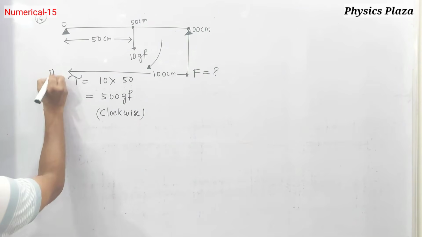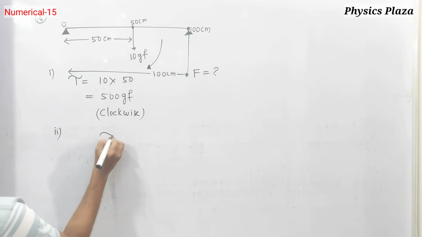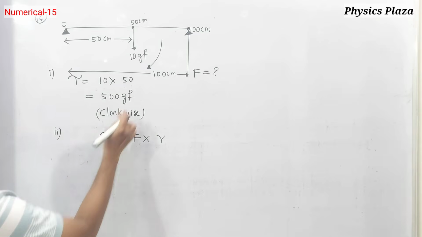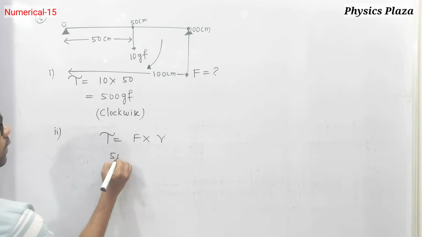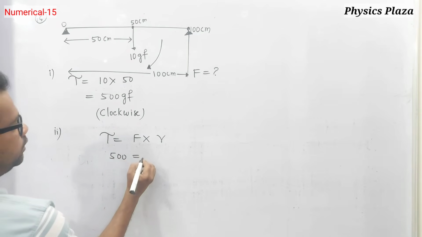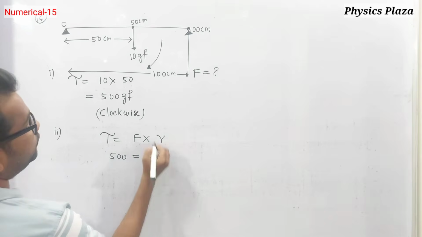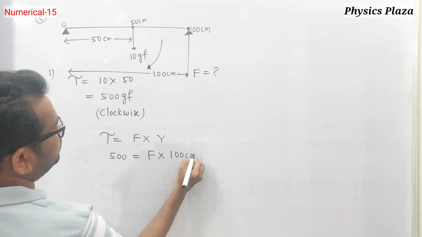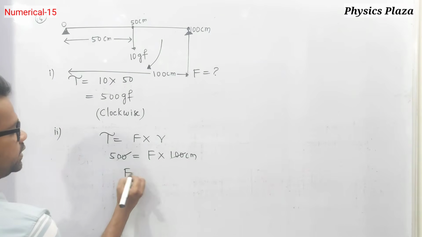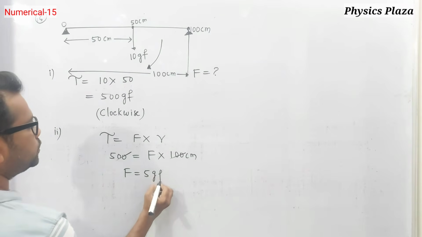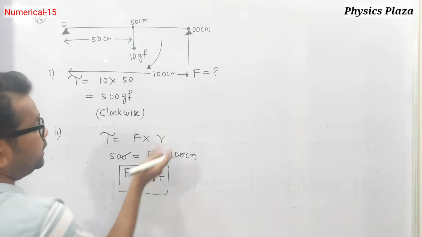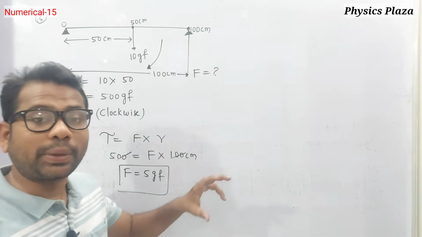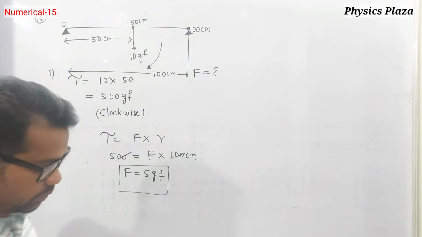Now the second part, children: tau is equal to F into R. Already the moment of force, how much did we get? 500. 500 is equal to F, to be calculated, into the R value, which is 100 centimeter. So F is equal to 5 gram force, to be applied vertically upwards. So this much least force is required in order to balance it. Is it clear?